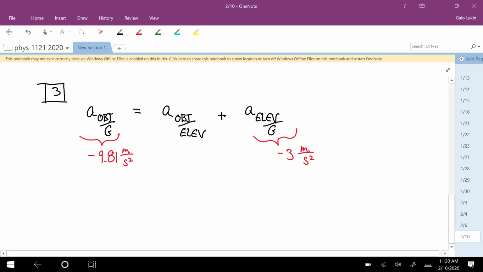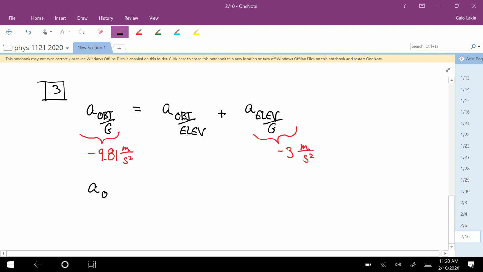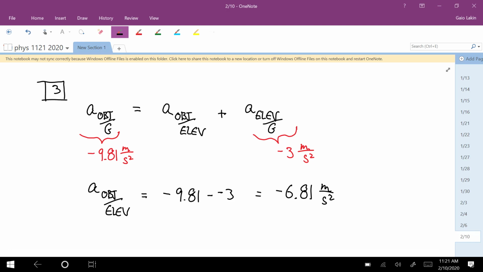Just do the algebra, and you get that the acceleration of the object relative to the elevator is negative 9.81 minus negative 3, so you get negative 6.81 meters per second squared. To the video camera inside the elevator, it would look like this thing had a downward acceleration of 6.81 meters per second squared.